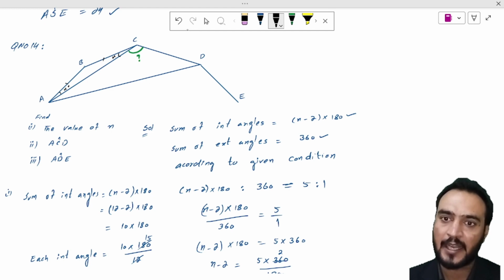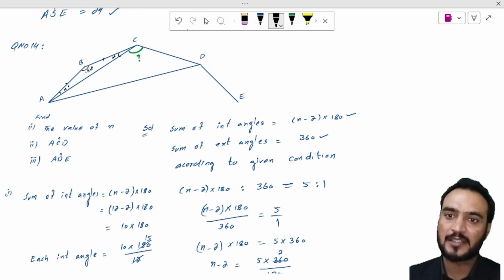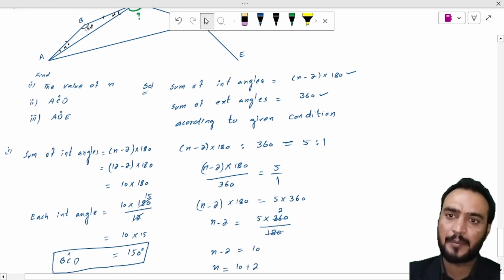As each interior angle of this polygon is equals to 150, angle ABC is also equals to 150 degree. So we consider the triangle ABC to find the value of x, which is the angle BCA, and we subtract this angle from angle BCD to get the angle ACD. So let us consider the triangle ABC.